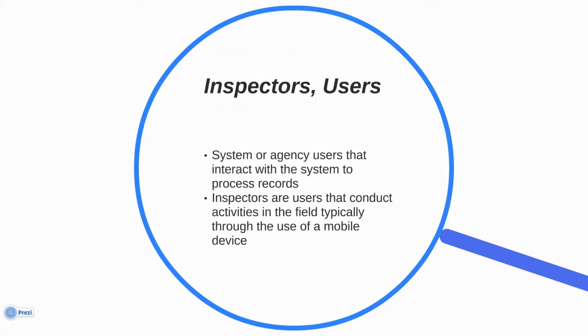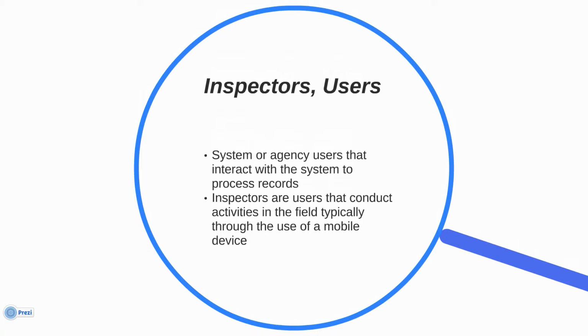Inspectors and users. These are the actors that are involved with the approval or processing of this particular record. Typically, these are either system or agency users that interact with the system to move the process forward. We talked a little bit about inspections.